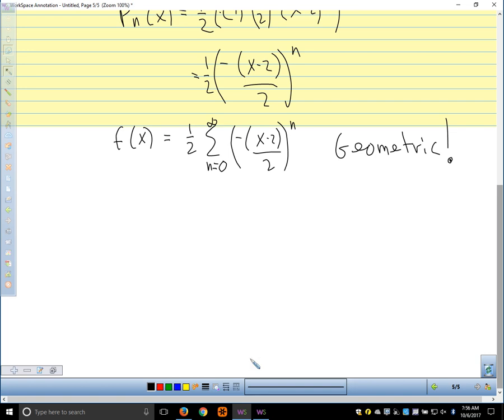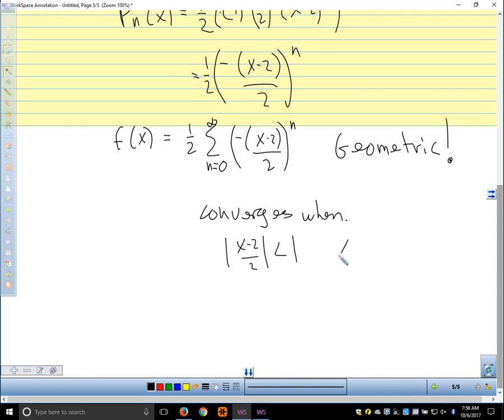All right. So when does this converge? All right, folks. Let's stay focused. When does this geometric series converge? When the absolute value of x minus 2 over 2 is less than 1.